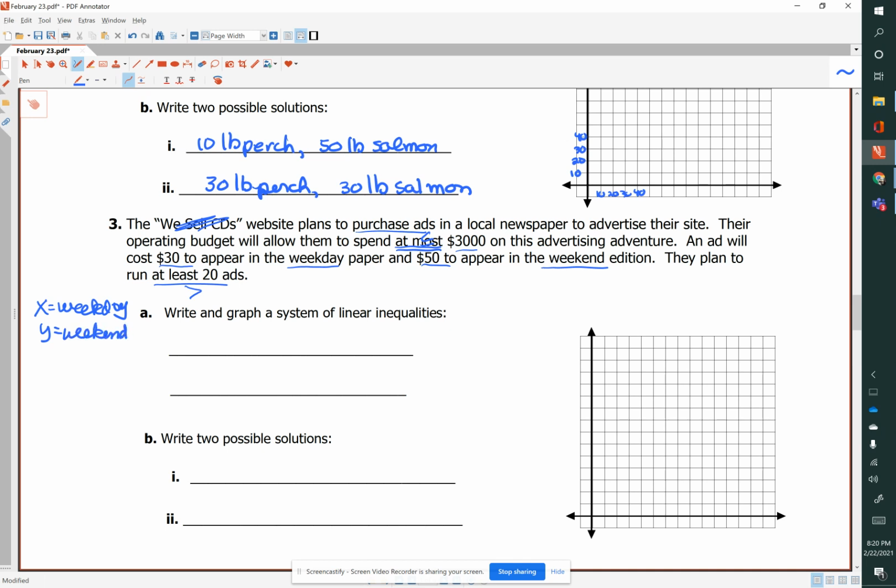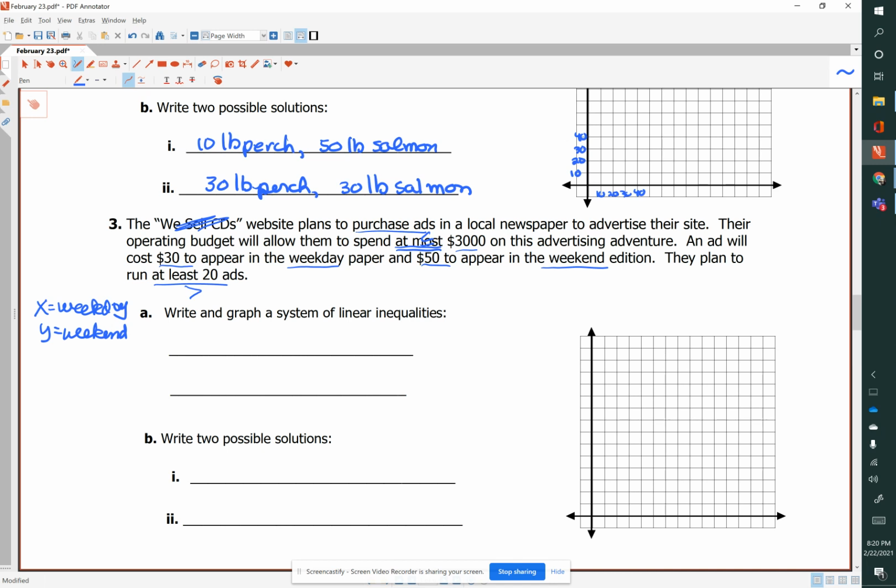And I guess more people read the newspaper on the weekend, and that's why it costs more to run an ad on the weekend. Even if it's not a paper edition, an online edition, this is probably still the case. So let's set up our problem.